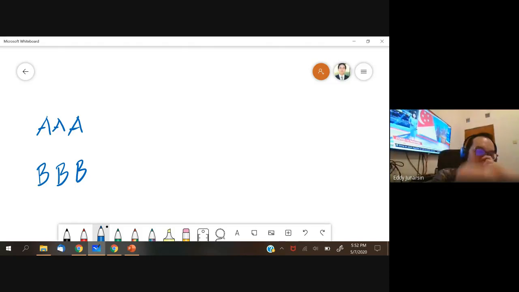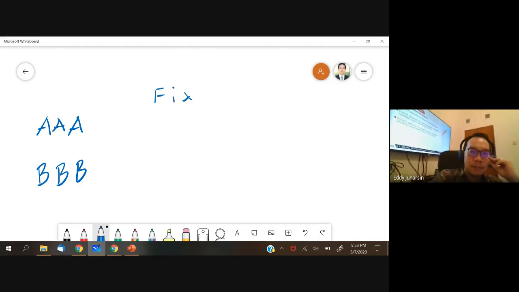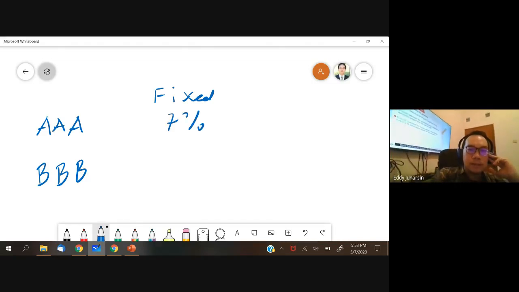Okay, so now let's imagine that if the triple A firm wants to borrow money using fixed rate debt, then it has to pay, let's say, 7%. Okay?